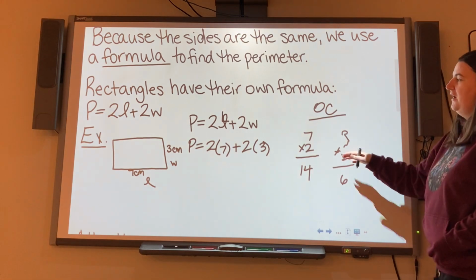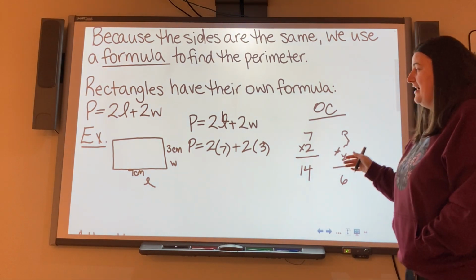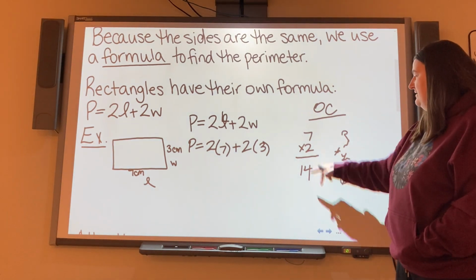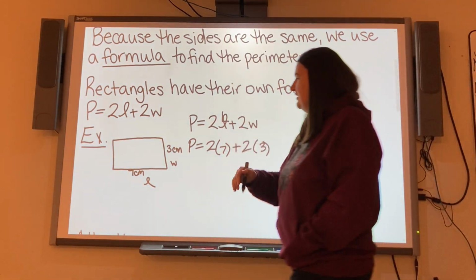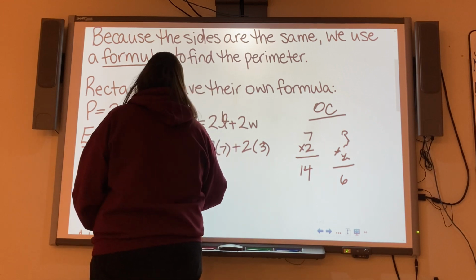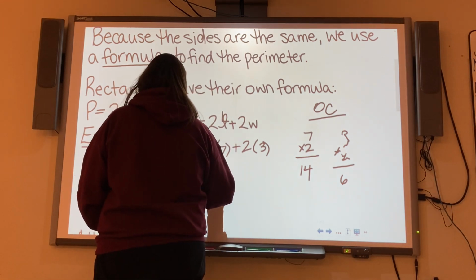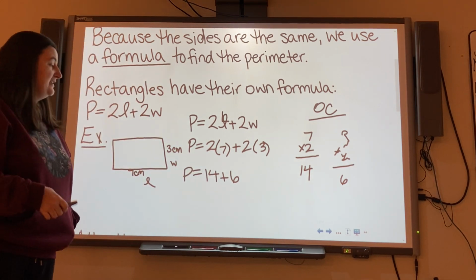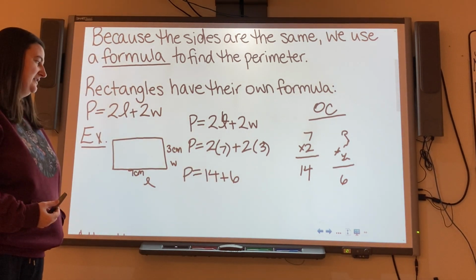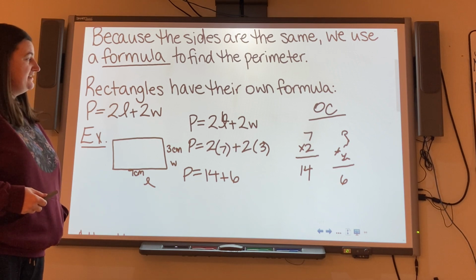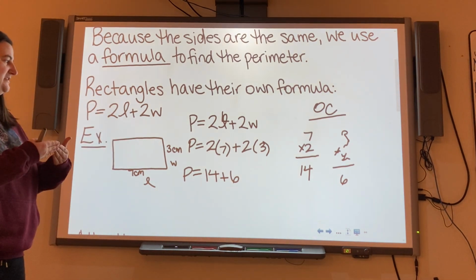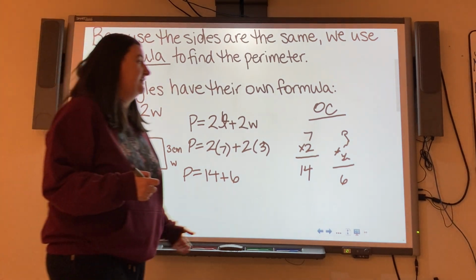So I've solved part of it, and remember, BEDMAS tells me I have to do times before I do plus. So that's why I did my times first. Now I can go back to my formula. P equals 14 plus 6. And then I just do the last calculation, the adding. So for rectangles, you times the length, you times the width, and then you add them together, and that gives you the perimeter.